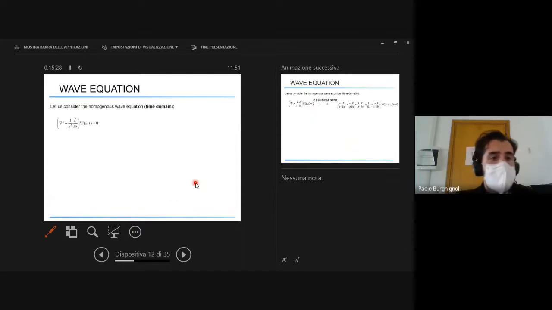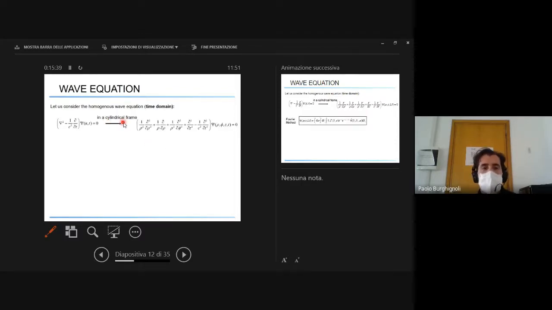Well, in order to introduce localized waves, it is useful to start from the homogeneous wave equation in time domain, and then to put this homogeneous wave equation in a cylindrical reference frame. When we do that, we can apply the Fourier method to obtain a general solution to this differential equation in terms of Fourier or Bessel integrals.